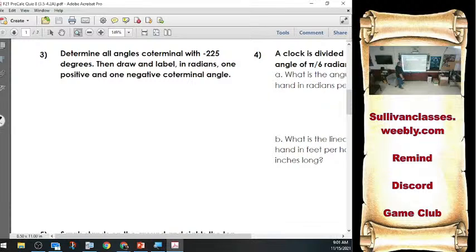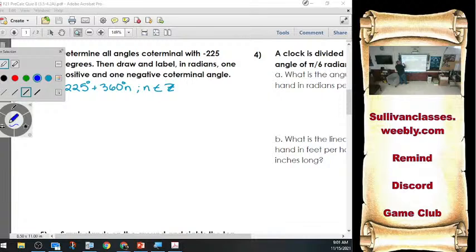All angles coterminal with, well, that was easy because we just said negative 225 plus 360 n, where n is an integer. That's what I need.